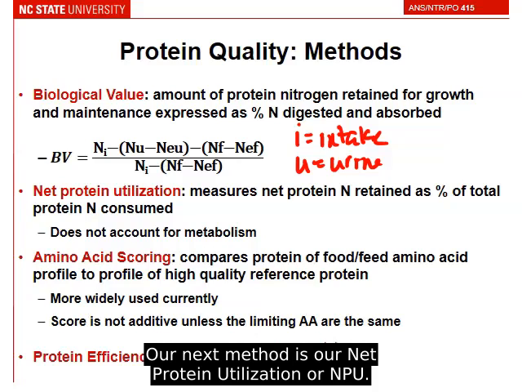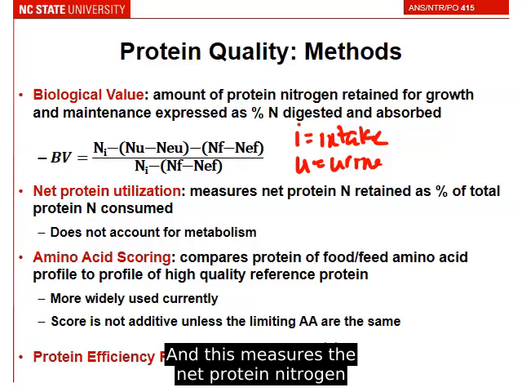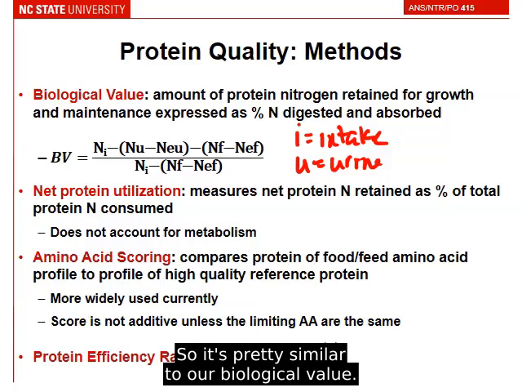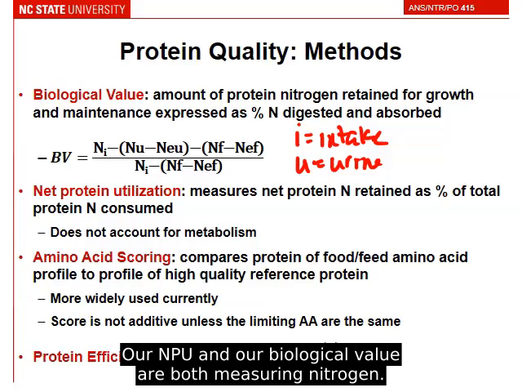Our next method is our net protein utilization, or NPU, and this measures the net protein nitrogen retained as a % of the total nitrogen consumed. So it's pretty similar to our biological value. They both, our NPU and our biological value, are both measuring nitrogen.